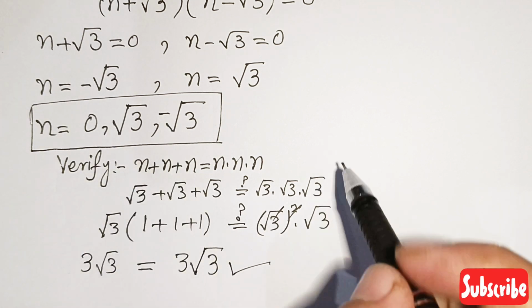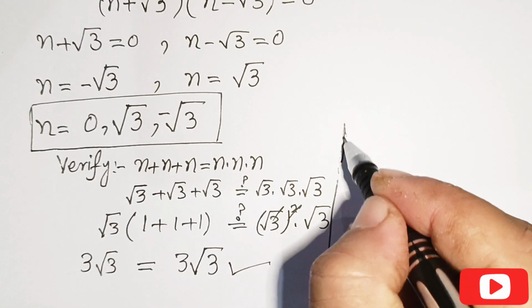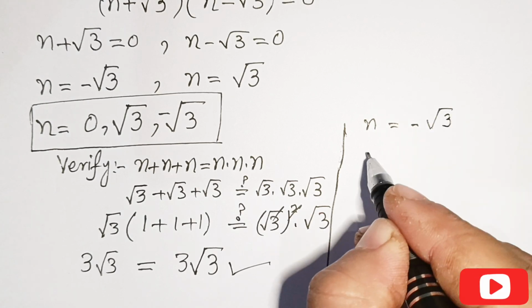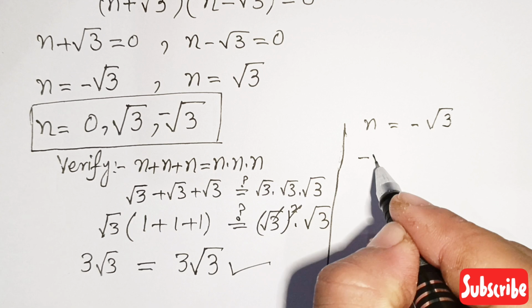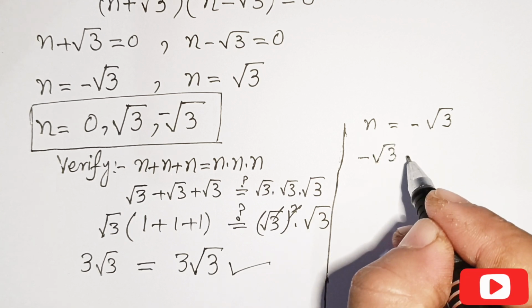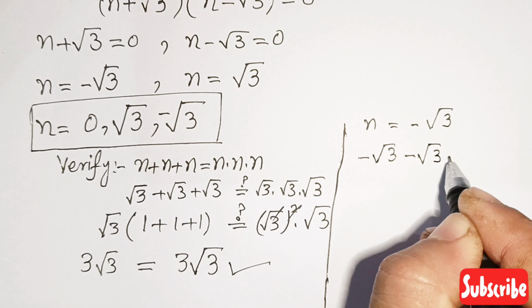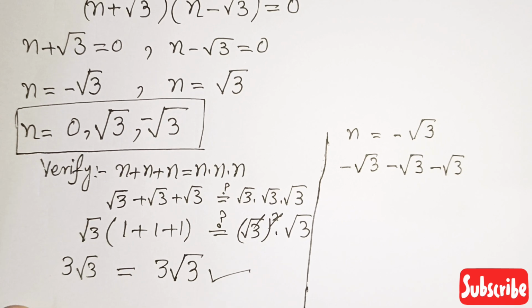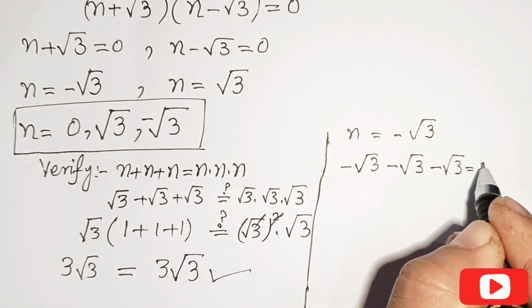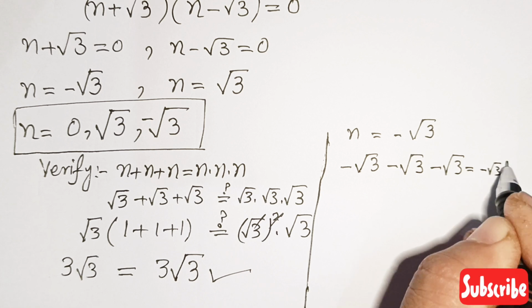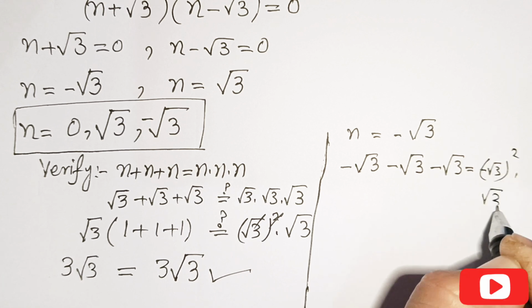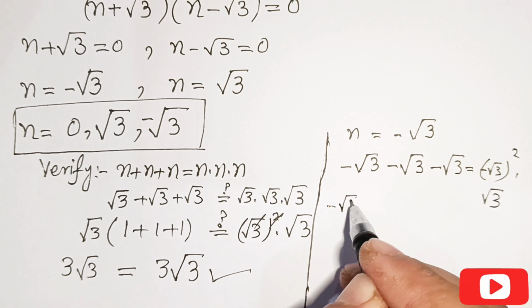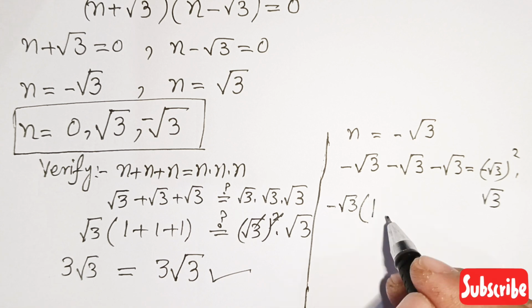Now if n is equal to minus square root of 3, then minus square root of 3 plus minus square root of 3 plus minus square root of 3 is equal to minus square root of 3 whole squared times minus square root of 3. If we take minus square root of 3 common, we get 1 plus 1 plus 1, since minus times minus is plus.